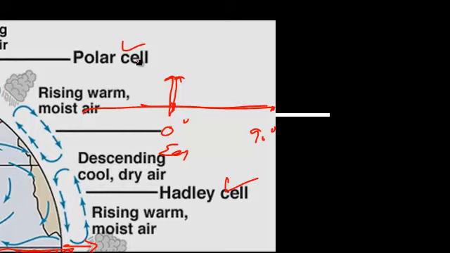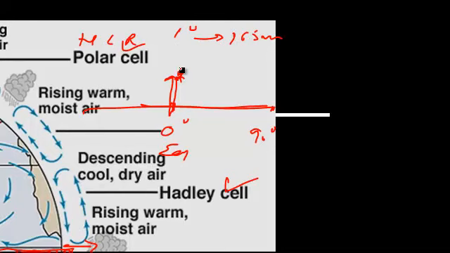Why? Because the density of air decreases and the temperature at high altitude also decreases. So at high altitude areas there will be low temperature, and the rate of that decrease in the temperature is called the normal lapse rate, which is 1 degree for every 165 meter of ascent.